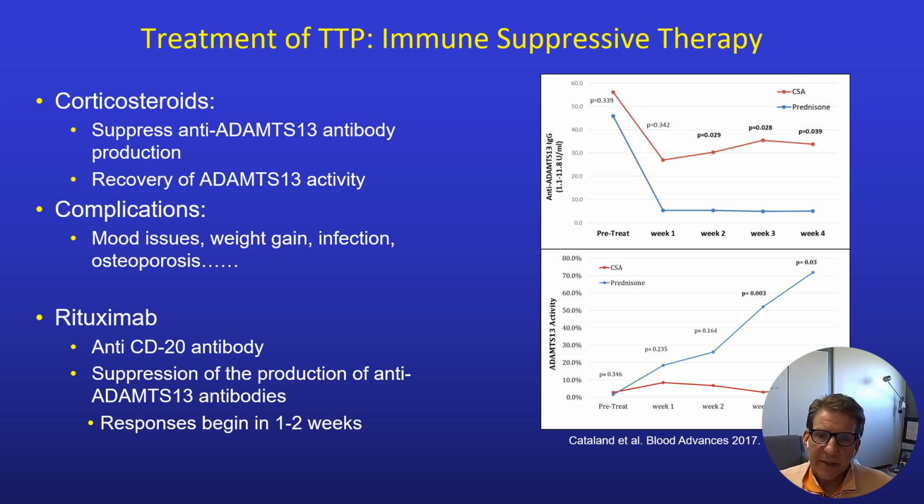But in patients receiving steroids and plasma exchange, you see the antibody levels as well as the ADAMTS13 activity. This is the median ADAMTS13 activity pre-treatment and at weeks 1, 2, 3, and 4 after discharge from the hospital. So weeks 1 and 2 are actually almost weeks 3 and 4 from the initial therapy.